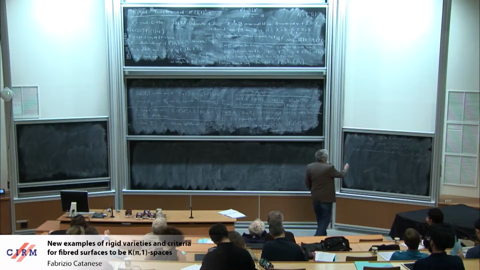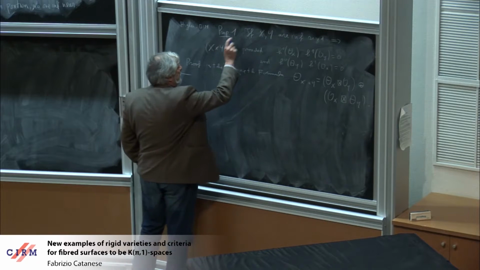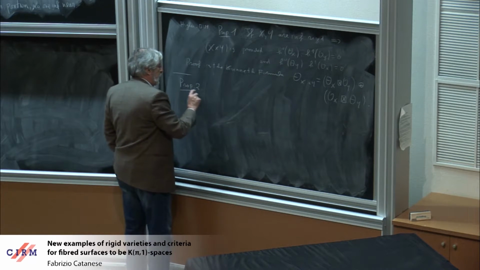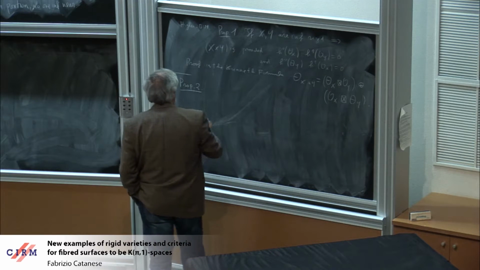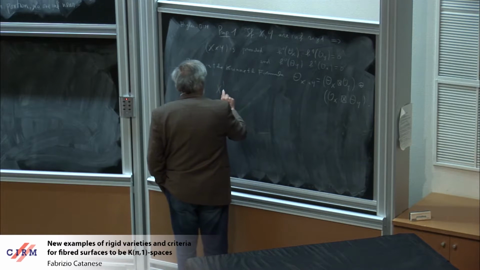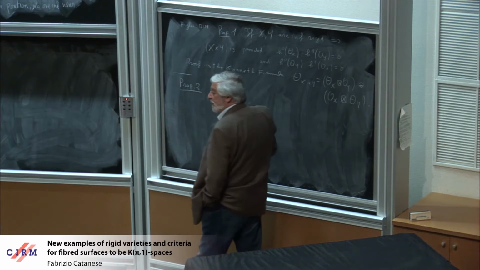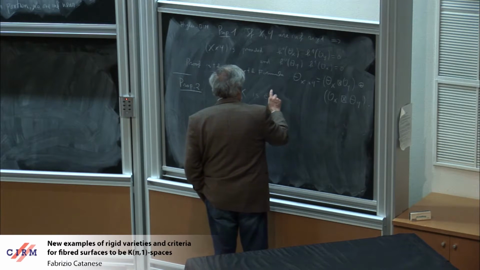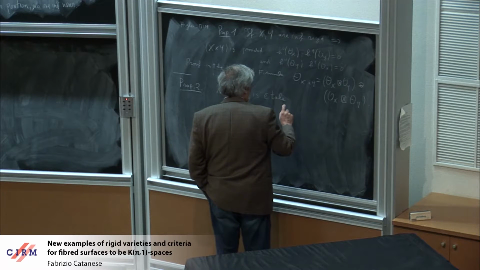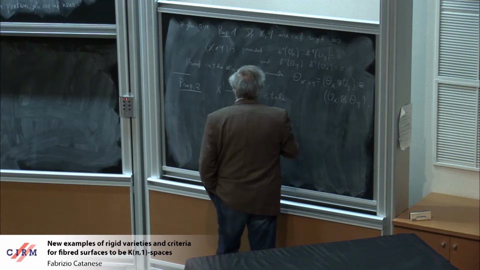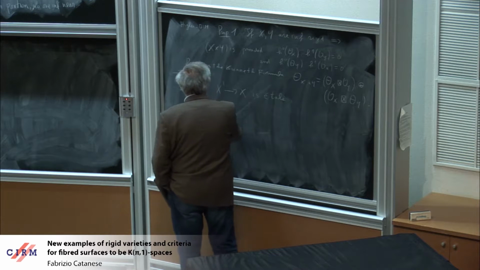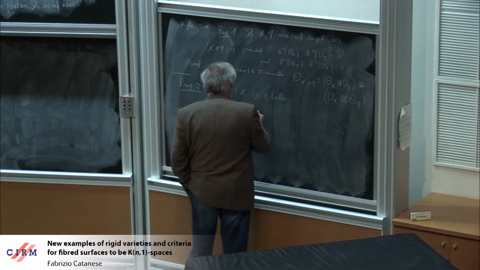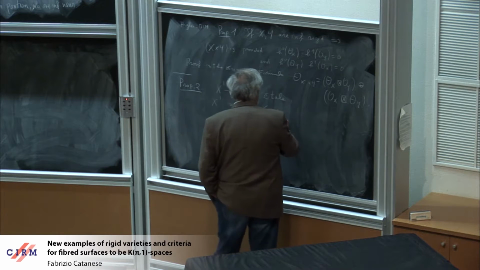And another useful proposition is that if X prime over X is étale, and X prime is rigid, this implies that X is rigid.